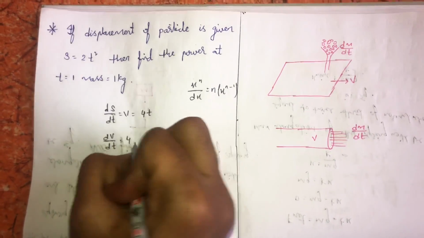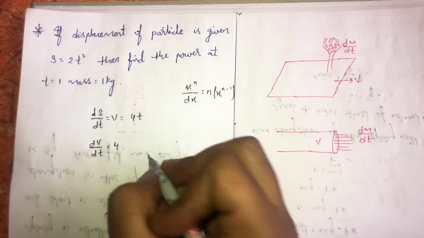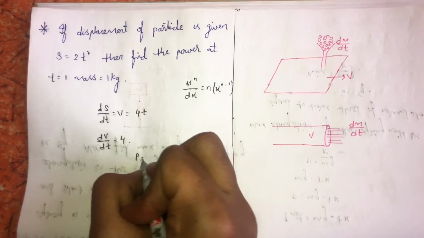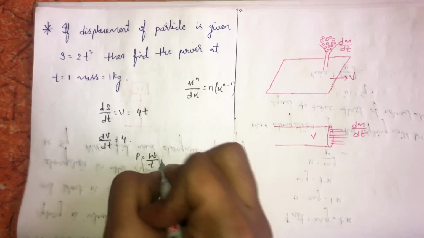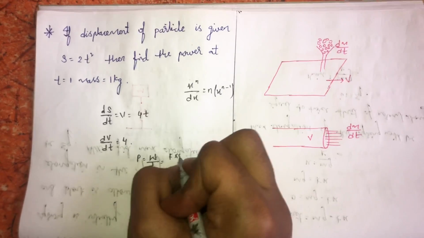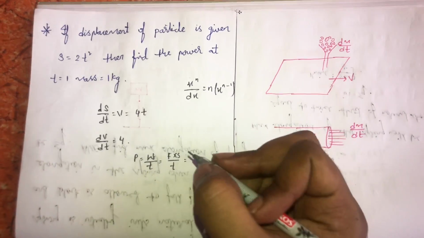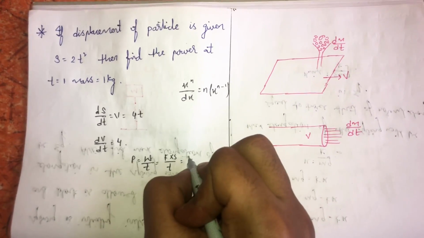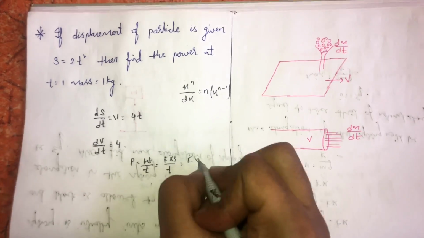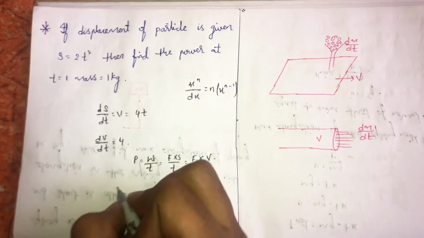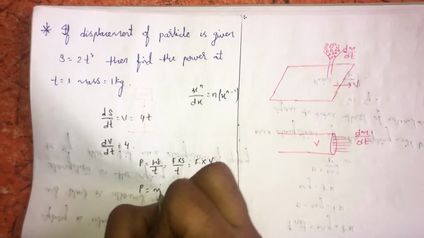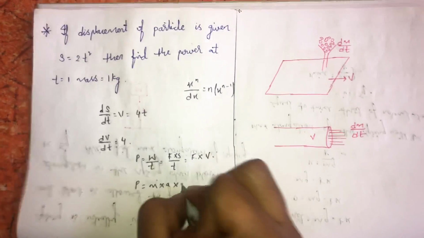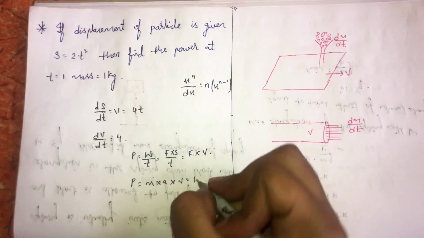Then we know that power is equal to work done per unit time, that is work done equals force into displacement per unit time. Where displacement by time is equal to velocity, so P equals F into V, where F is equal to m into a, into V, where mass is given as 1.